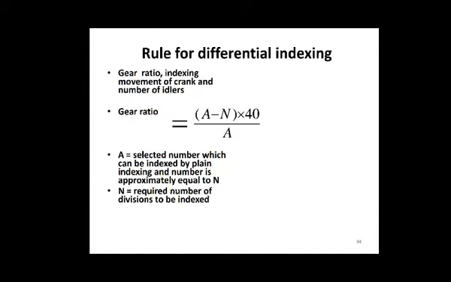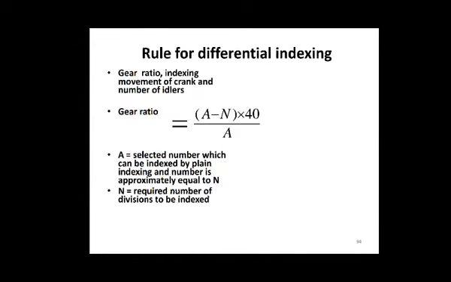So gear ratio, this is the rule for differential indexing: (A minus N) into 40 upon A. In that, A is a selected number which can be indexed by plain indexing and is approximately equal to N. N is the required number of divisions to be indexed.